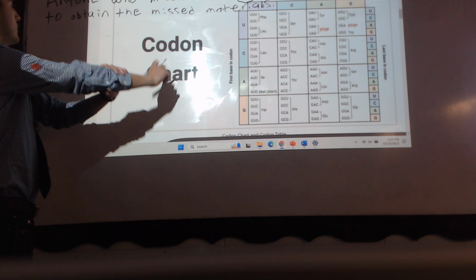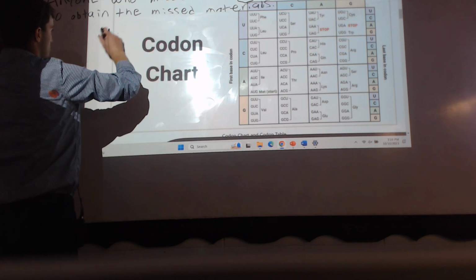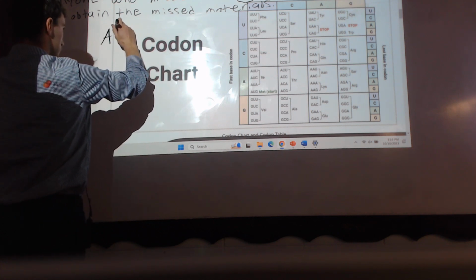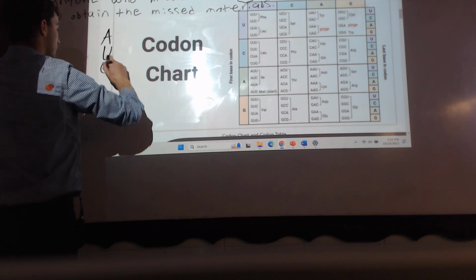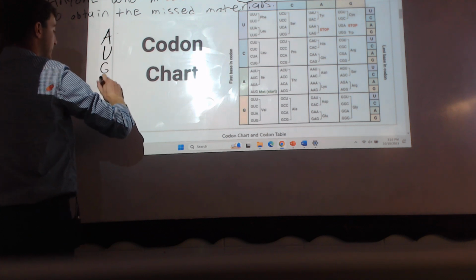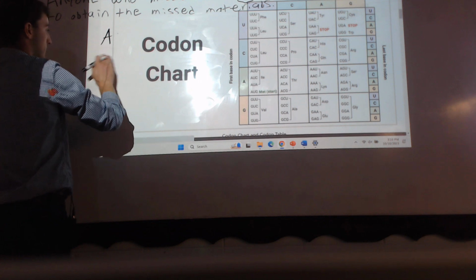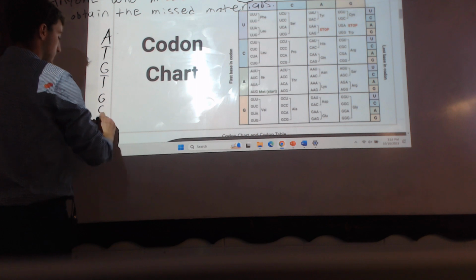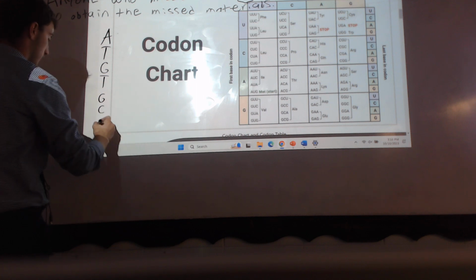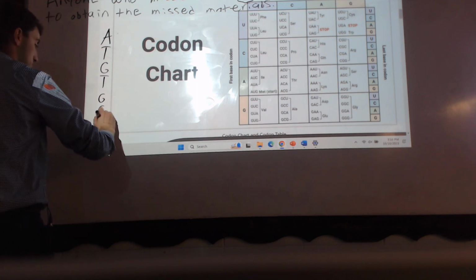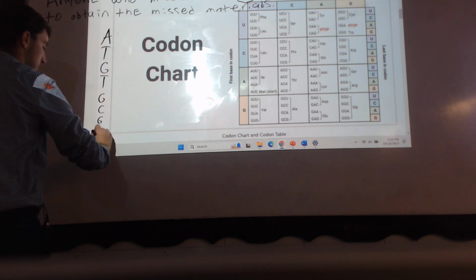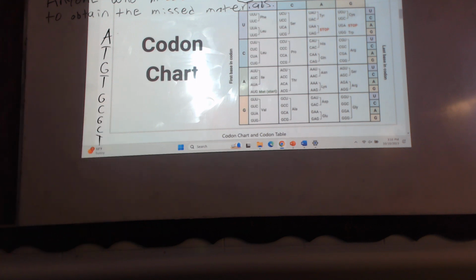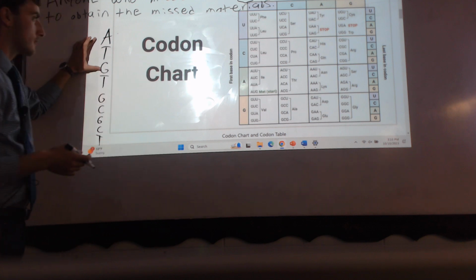Say I have a strand, we only need one side of the strand: A, T, G, C, G, C, T. Okay, so how many nucleic acids make up an amino acid? Three.